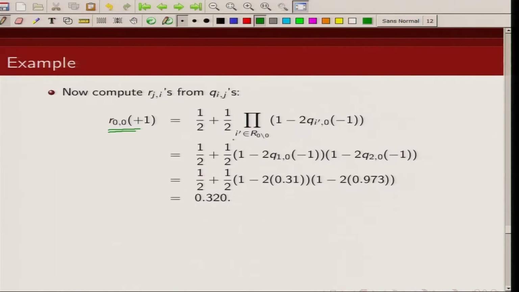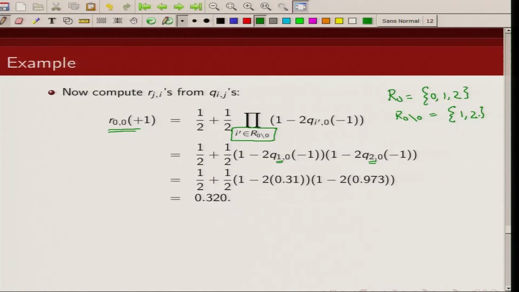Note here, i belongs to R0 minus this 0 term. So, here you will have two terms, one corresponding to i being 1 and the other i being 2. Why? Because your R0 was 0, 1, 2. So, R0 minus this element 0 is nothing but 1 and 2.